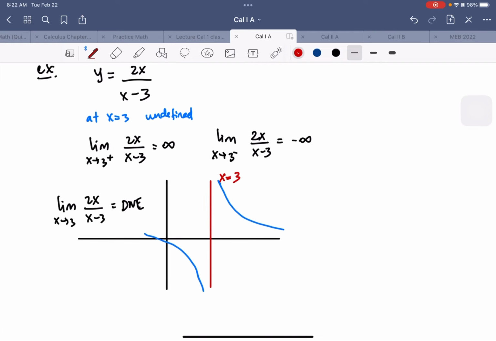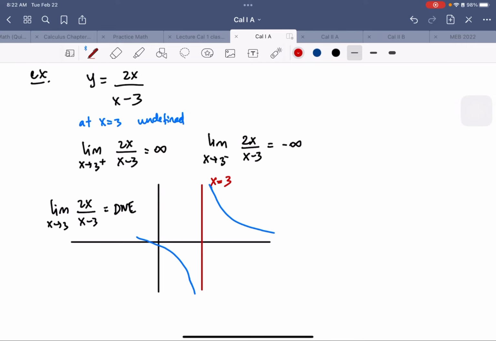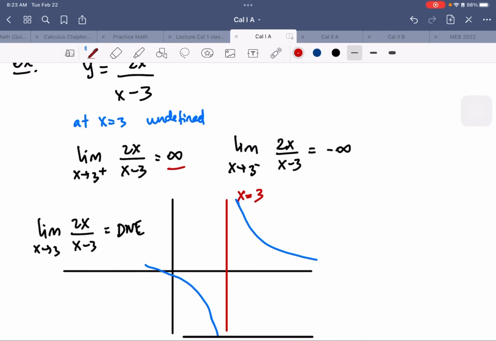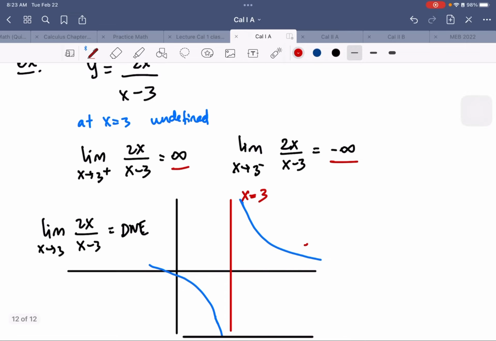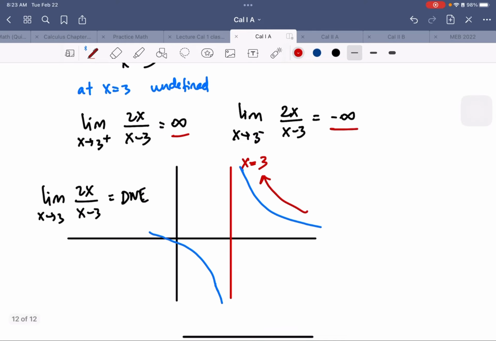For example, from the right side and from the left side, it has different behavior. One side goes up, one side goes down. So it's a positive infinity and a negative infinity, but they have the same vertical asymptote x equals 3. The difference is just how the function behaves: one is going up through here, and one is going down.